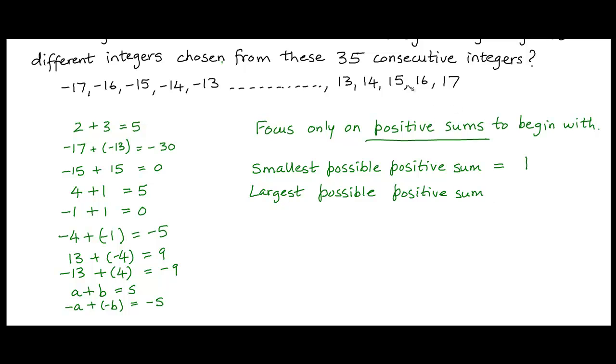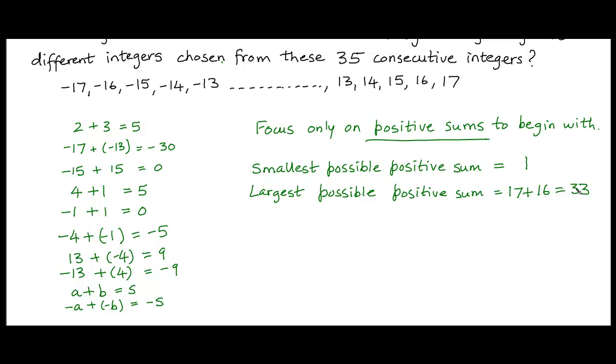Well, if we want to form the largest possible positive sum, then we should pick the two largest integers in the given set. So those are 17 and 16. And so the largest possible positive sum we can form is 33. So any positive sum that we can generate from the given numbers must lie between 1 and 33, including the two endpoints 1 and 33.